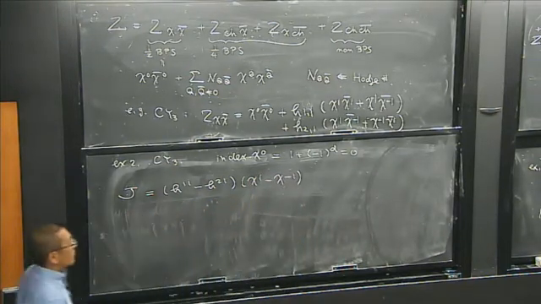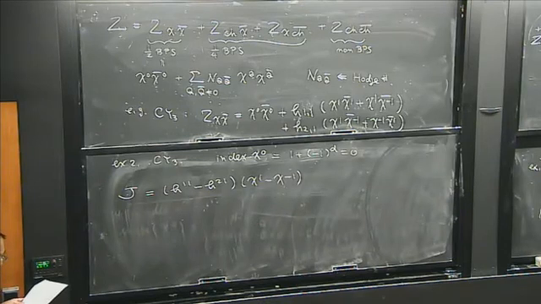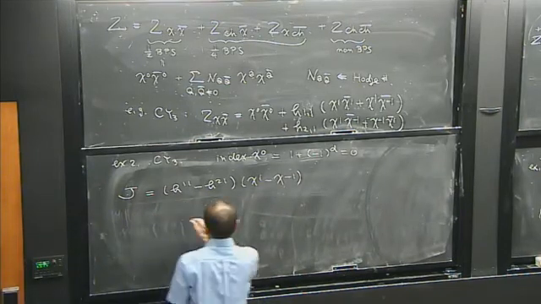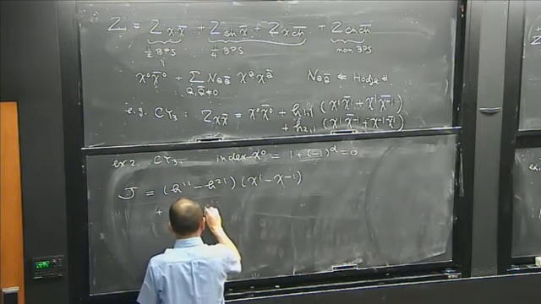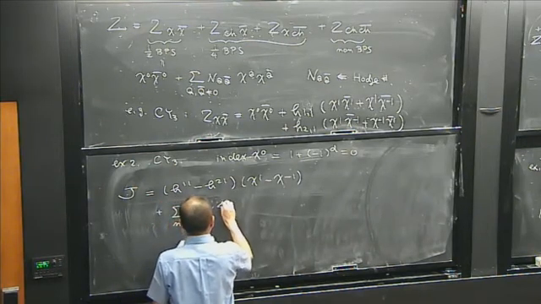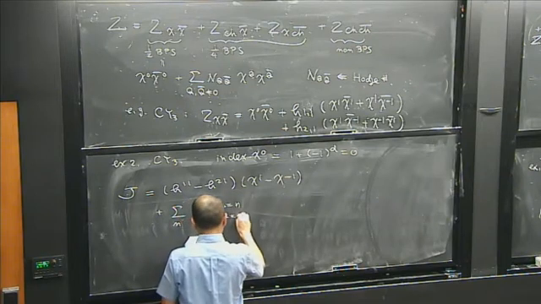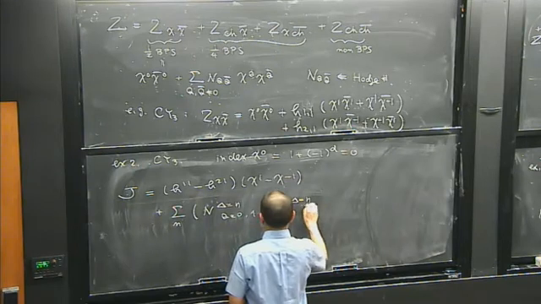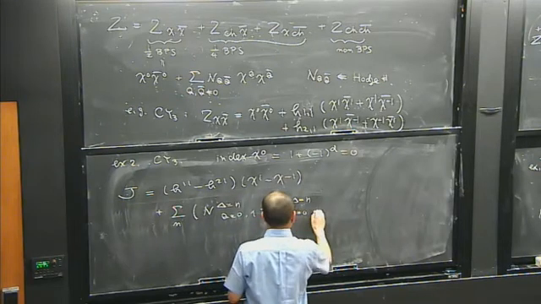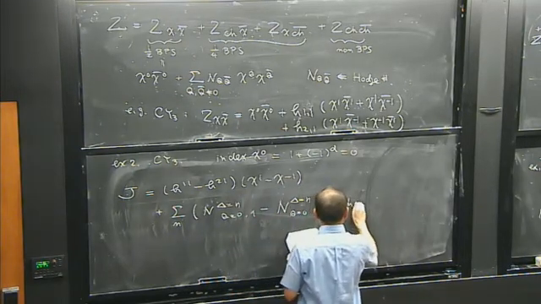The coefficient of that is proportional to the Euler characteristic of the target Calabi-Yau manifold. And then you have again something like that.